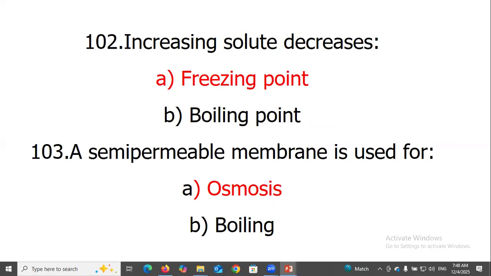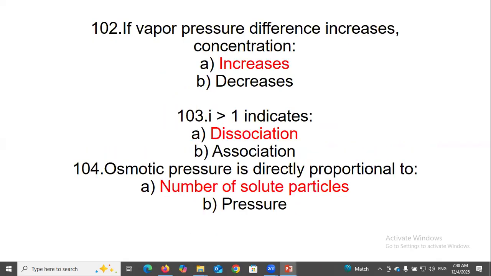A semi-permeable membrane is used for osmosis. If vapor pressure difference increases, concentration also increases. A value of i greater than 1 indicates dissociation. Osmotic pressure is directly proportional to the number of solute particles.